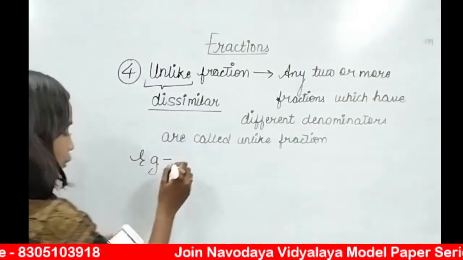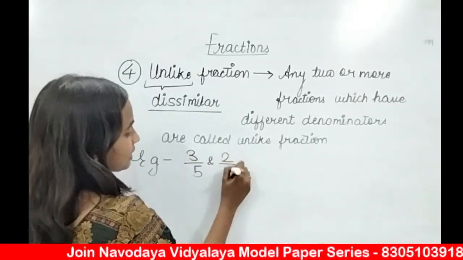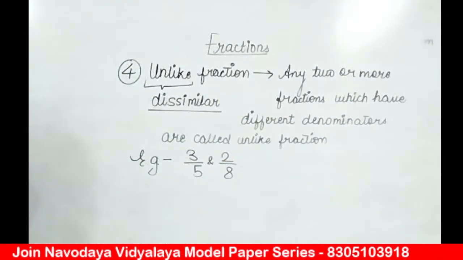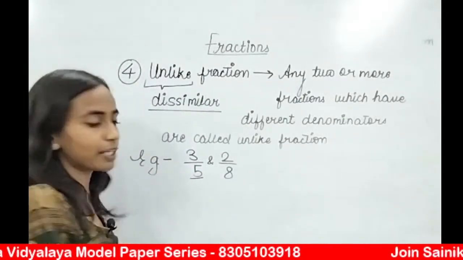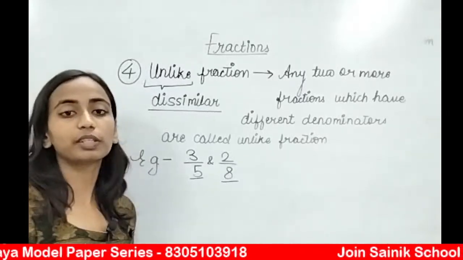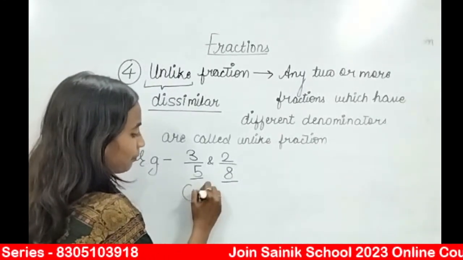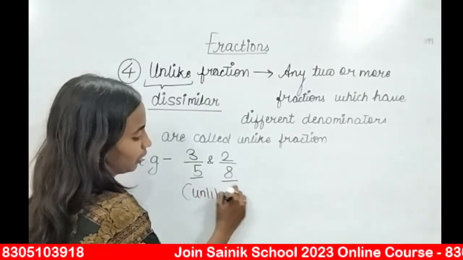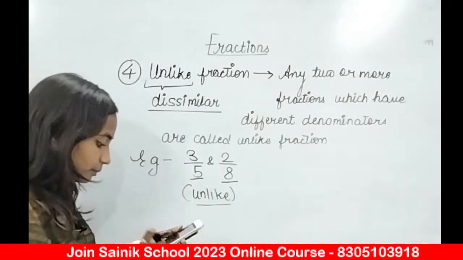So have a look. When we say 3 by 5 and 2 by 8, in the first fraction, the denominator is 5. In the second fraction, the denominator is 8. So these are two different denominators. That makes them unlike fraction.